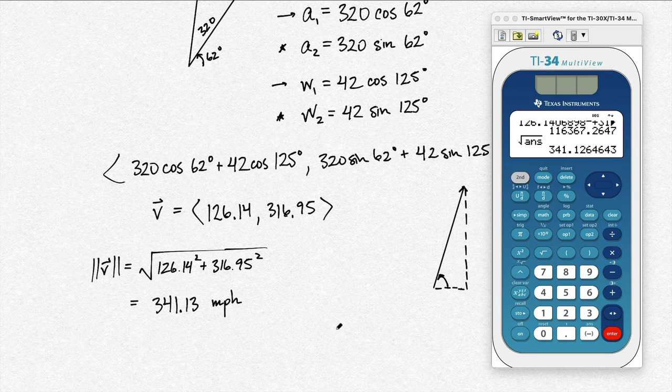To get this angle theta, we're going to take the inverse tangent of the vertical component divided by the horizontal component, right? Opposite over adjacent. So that's going to be 316.95 over 126.14. Now this is, of course, just the acute angle that the vector makes with the x-axis.